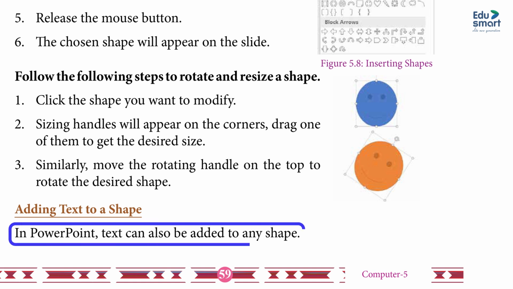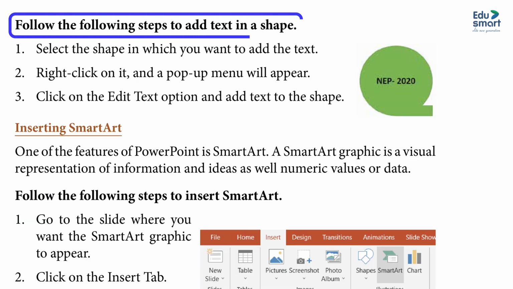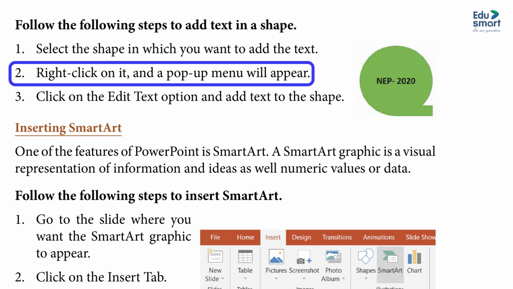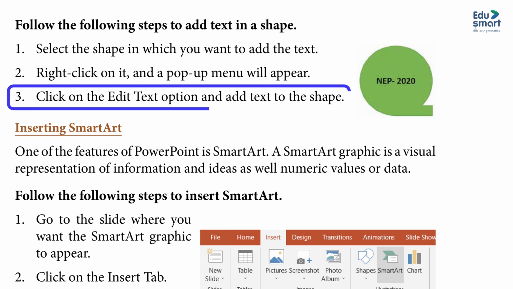In PowerPoint, text can also be added to any shape. Follow the following steps to add text in a shape. 1. Select the shape in which you want to add the text. 2. Right-click on it and a pop-up menu will appear. 3. Click on the Edit Text option and add the text to the shape.